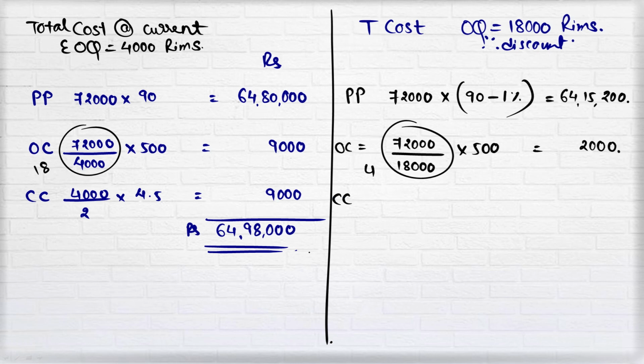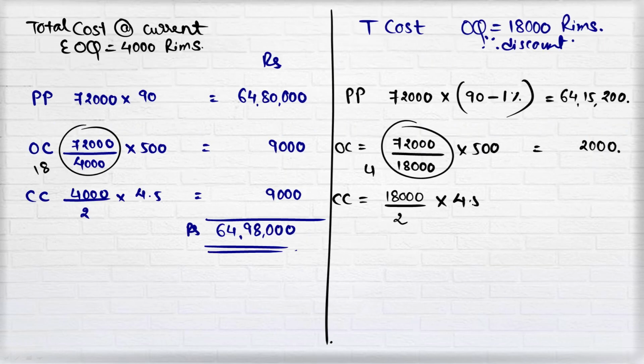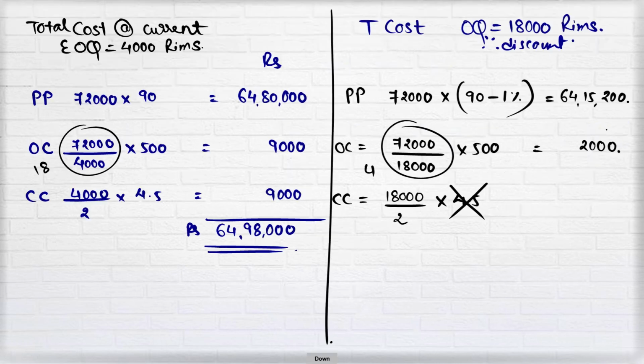Carrying cost. Don't write down 2,000. Because you are not working at your EOQ, ordering cost and carrying cost will not be same. What is carrying cost is very interesting. Try to concentrate. 18,000 divided by 2 multiplied by 4.5. No. How you got 4.5? 90 multiplied by 5%. Now 90 is not your cost.